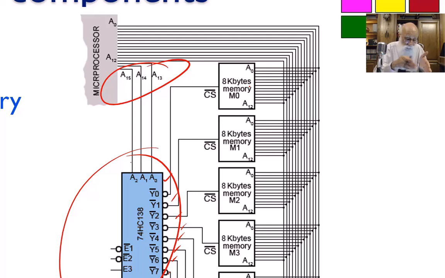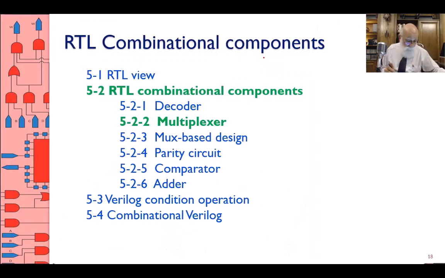And then each block is taking bits number 12 down to 0, these 13 bits for 8K bytes of memory. Each block of memory is taking 13 bits, and these three most significant bits are selecting the blocks of the memory. All right, enough of decoder.